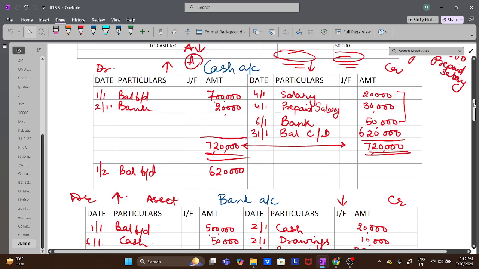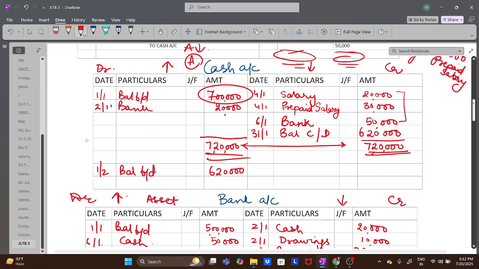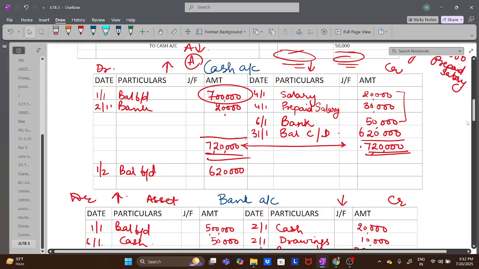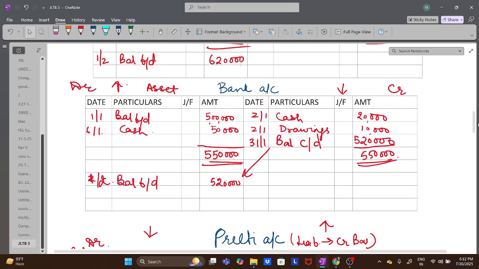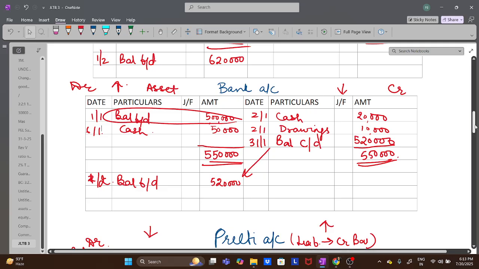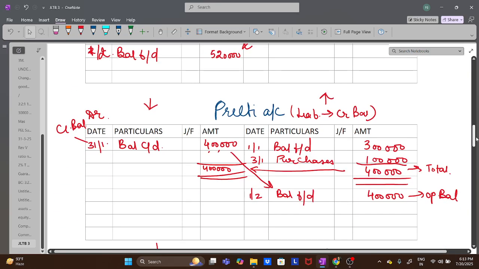What was special here was the opening balance. We wrote the totals at the same level, calculated the balance, had the balance brought down. Again, bank is another ledger for which the opening balance was given to us, asset on the debit side. Then we came to Preeti.